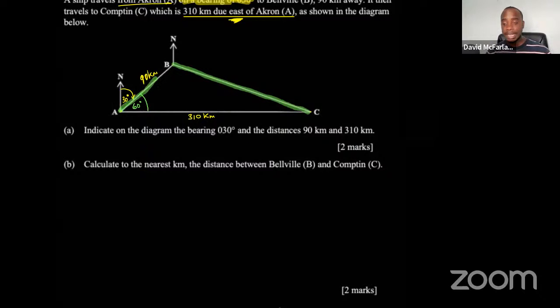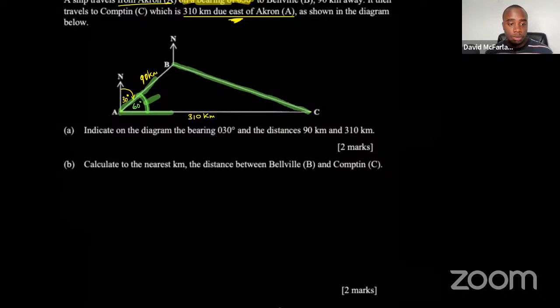We have two sides and an angle between them. Remember what I said yesterday? You look for the little arrow and follow the arrow. We have our little arrow pointing here, so we know we're going to use the cosine rule.